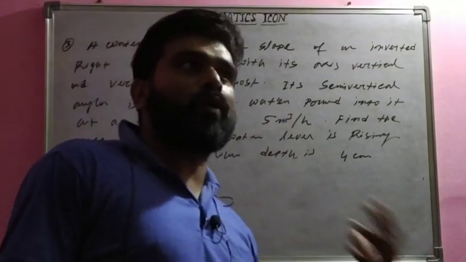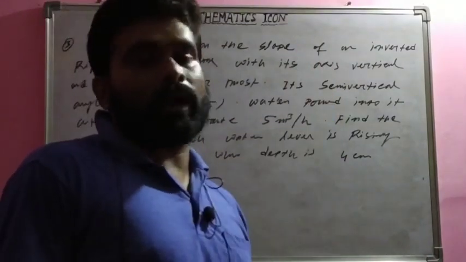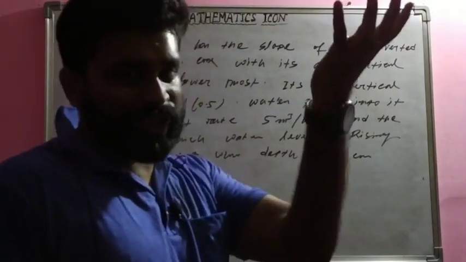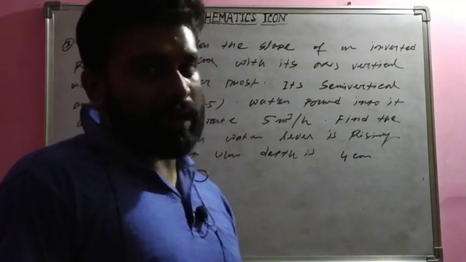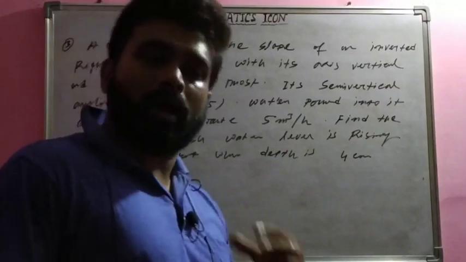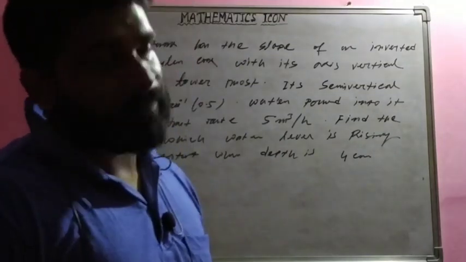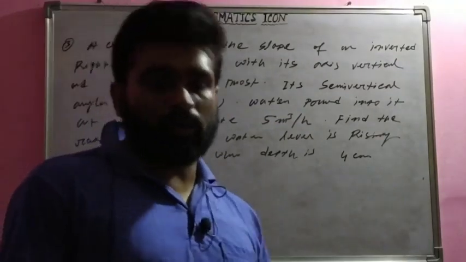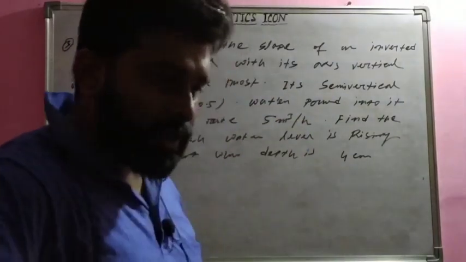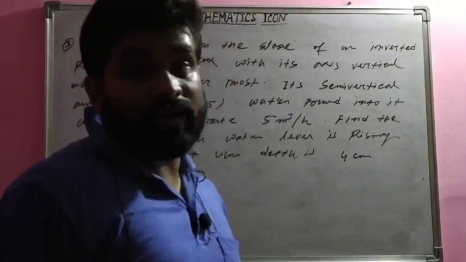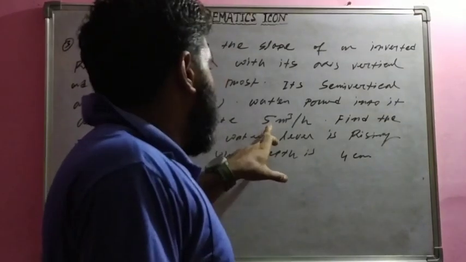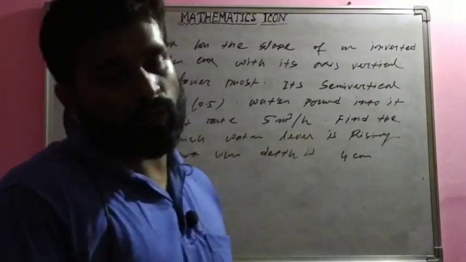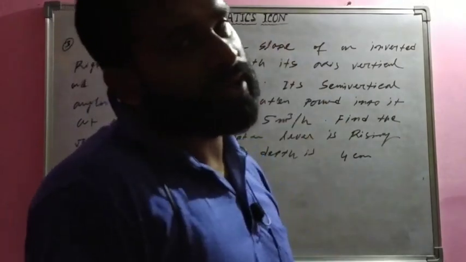Water is being poured into it, that means if you pour more and more water into it, this water level will be increased, and the volume and surface area, whatever is related with the quantity of this water, will also increase. Volume, surface area, height, anything will increase, because you are pouring water here, it is not draining out. So find the rate at which the water level is rising, same thing, that means dH/dt has to be found.